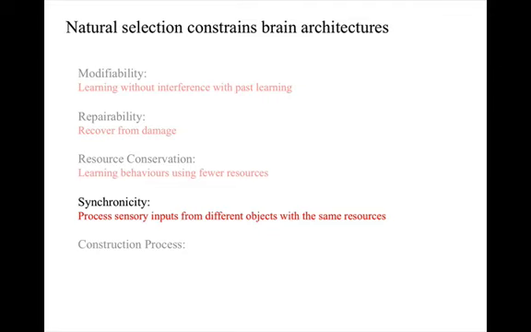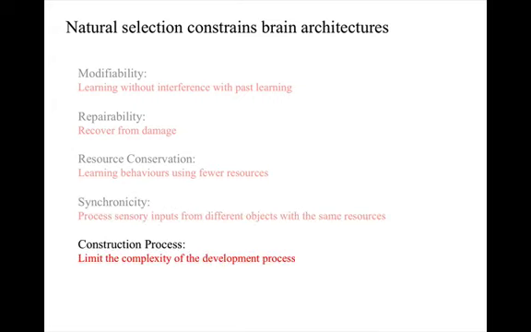At any point in time, there may be several objects in the sensory environment of a brain. A species with a brain that can process information derived from multiple objects using the same neurons but not confusing the objects will have a natural selection advantage over a brain that gets them confused or needs more neurons to avoid confusion.